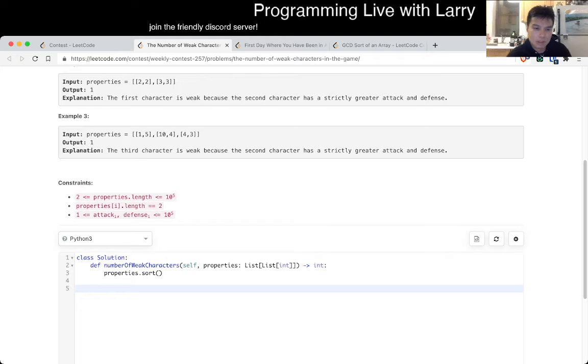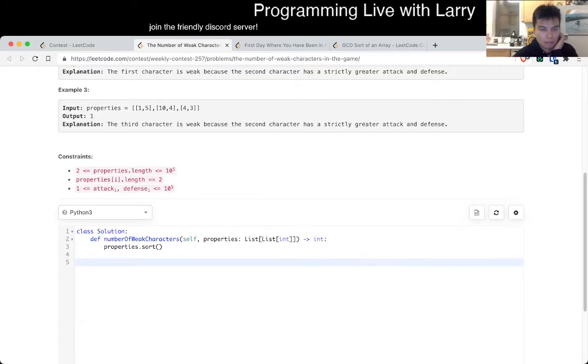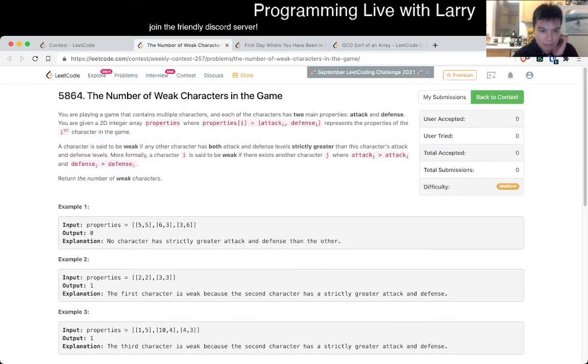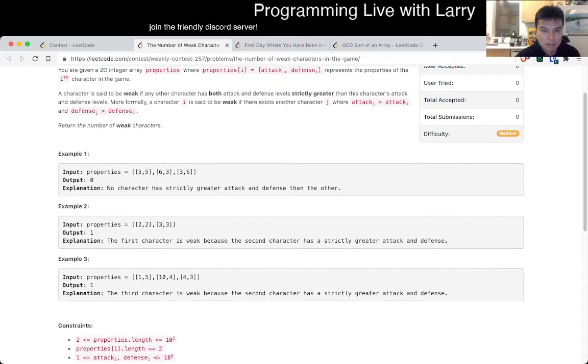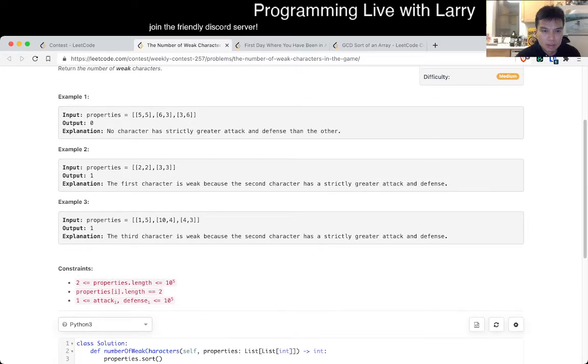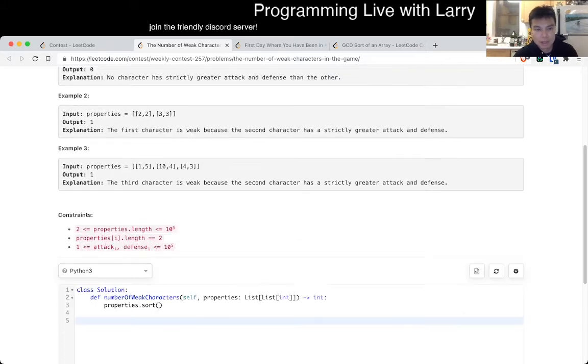How do I want to think about this in a good way? 10 to the 4, n squared is going to... I feel like I should know this, but okay. So we want to think backwards. Is that the thing?